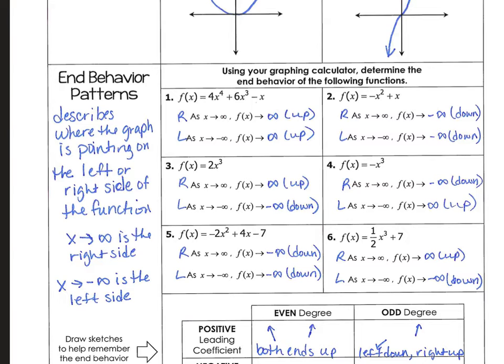So what I'm going to do is pull open a Desmos and graph a few of these just to show you a general idea of how we're describing it and how I got these answers.